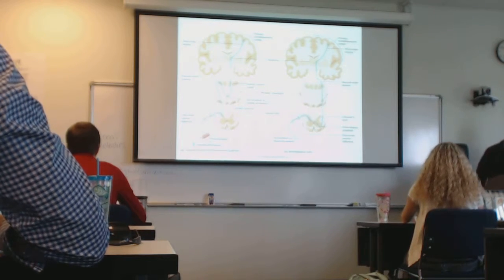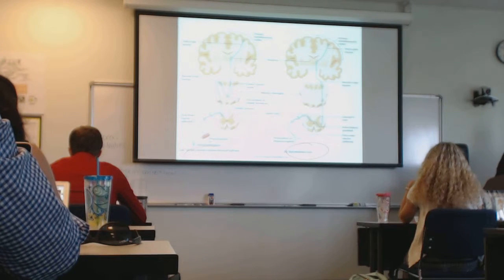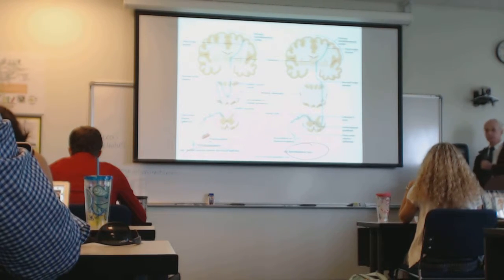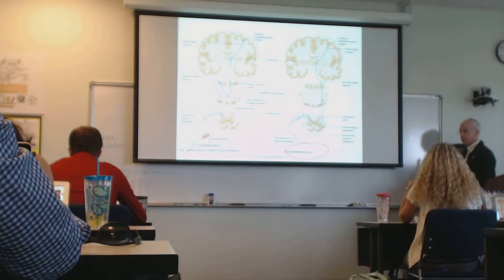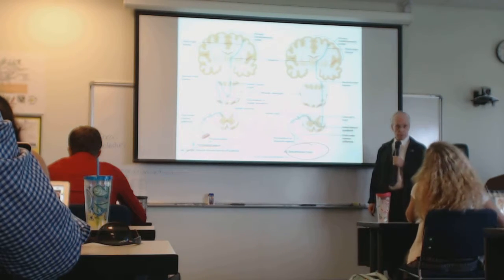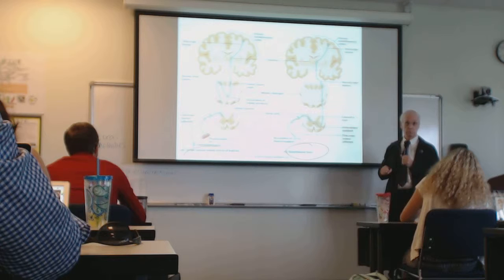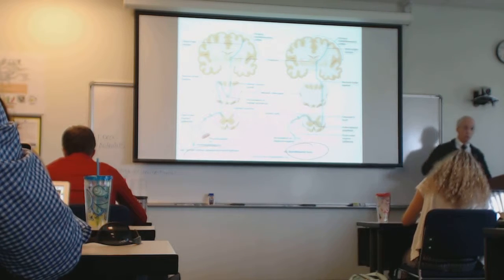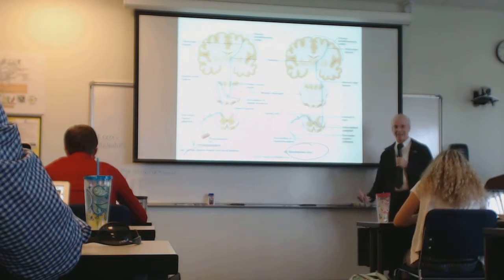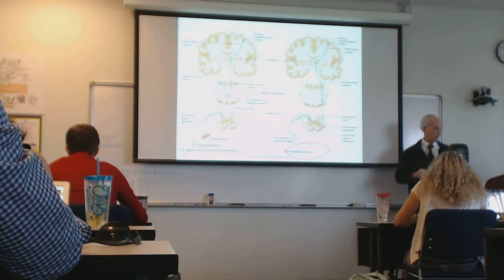And this is an illustration showing the same thing, the DCML on the left, spinothalamic on the right. In fact, on the test, I might pull one of these from an entirely different source, but based upon your understanding of the anatomy, you should have no trouble differentiating these two, based upon your understanding of which one ascends ipsilaterally, which one ascends contralaterally.